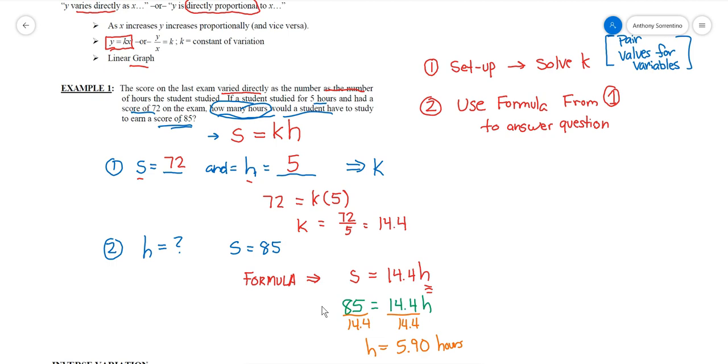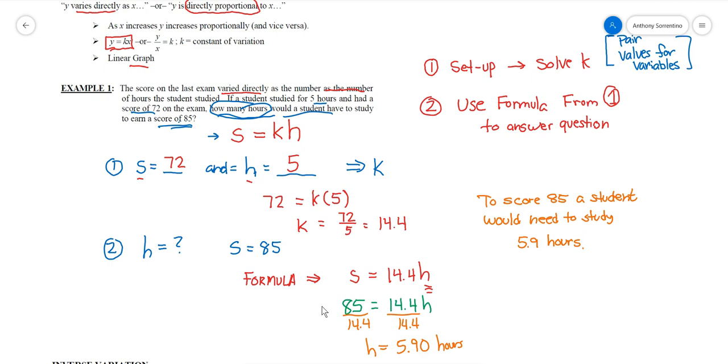So, I could even put this in a full sentence: to score 85, the student would have to study 5.9 hours to score that 85. And these formulas are basically the extent of the work you have to do. But you do have to remember there's two different stages.